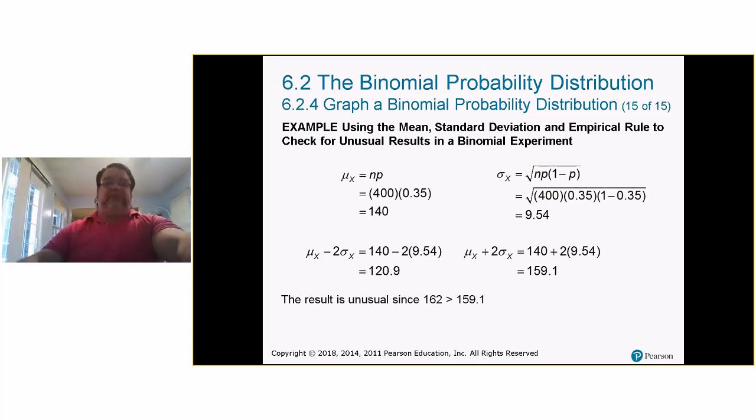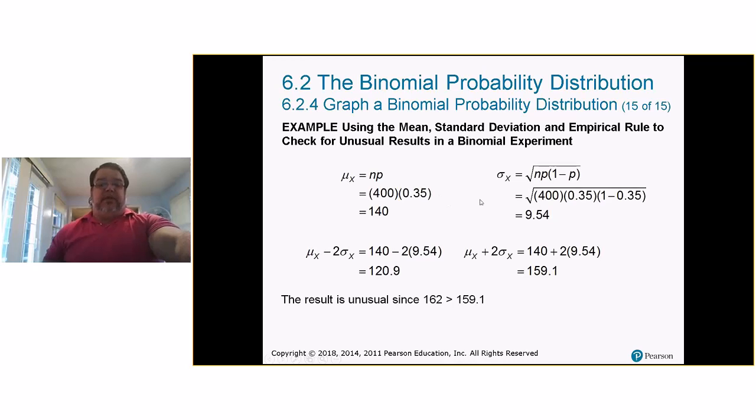graph. Okay? They're saying what is mean minus 2 standard deviations? 120. That's what we had. We had 120 on one end and 160 on the other end. I didn't use the decimal. Remember, I just used 10. And 162 is outside the normal area.